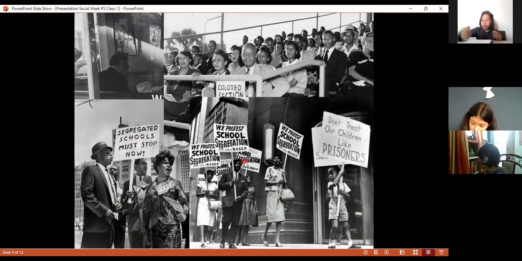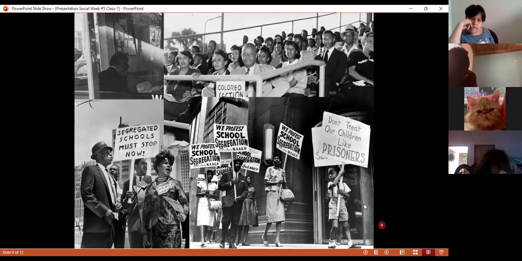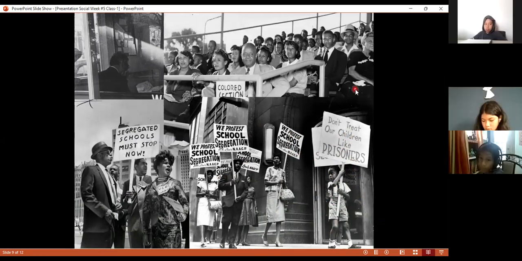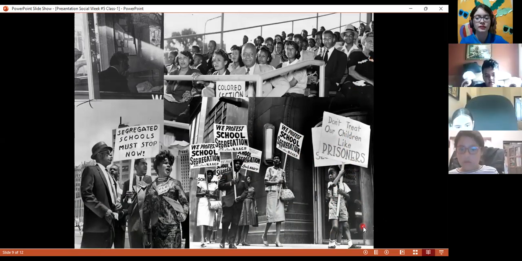And they were in a protest. Don't treat our children like prisoners. They were fighting, even the kids that you see here. We protest school segregation because they want their kids to go to the same school as the white people, not to be separated just for the color of the school or the skin. Khaled, tell me.